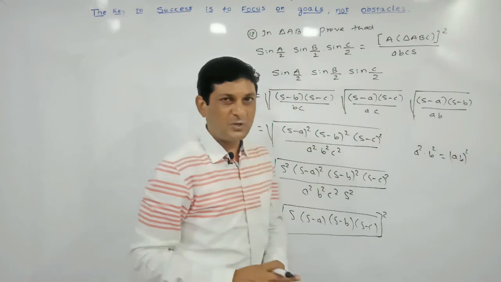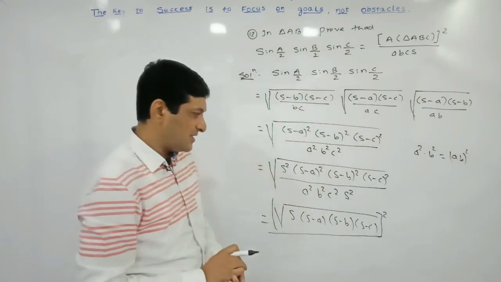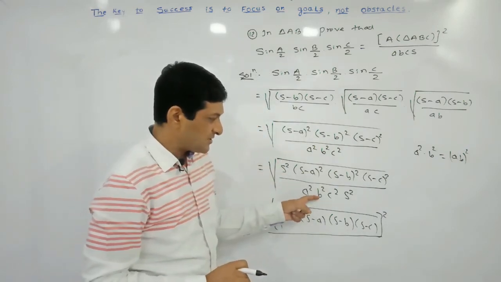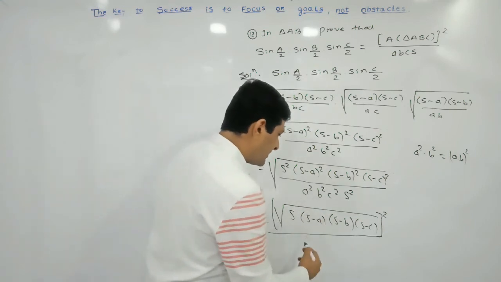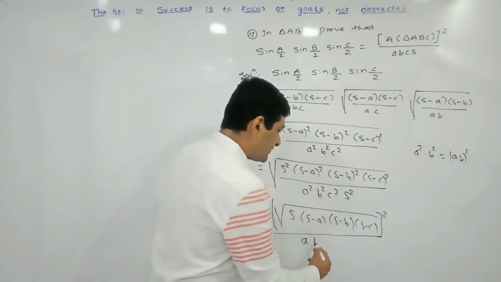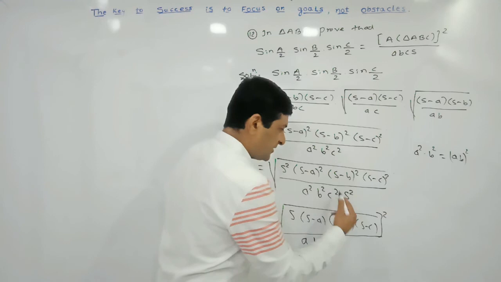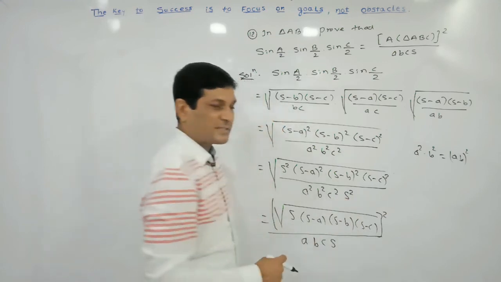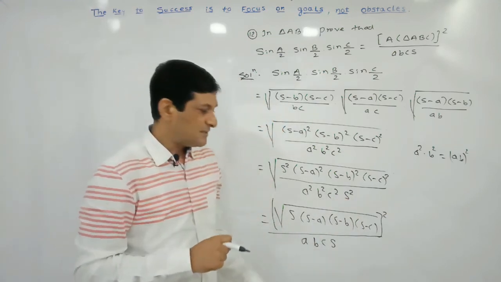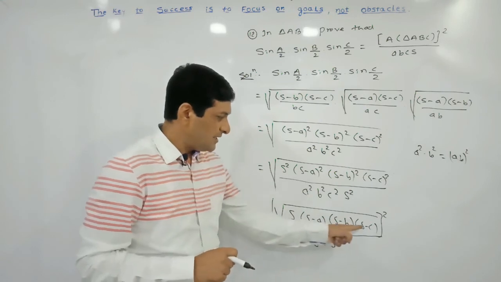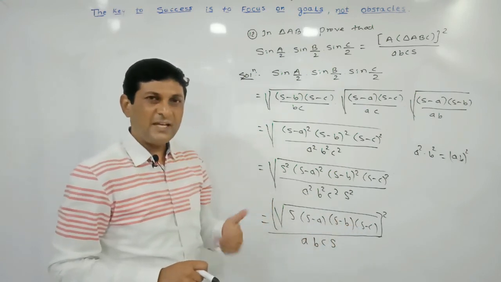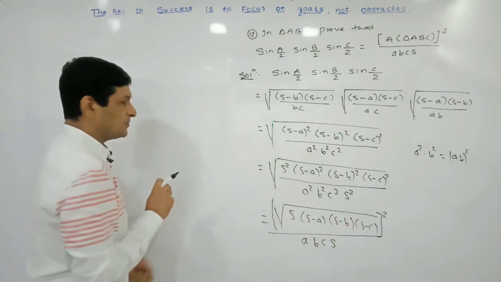So the same laws of exponent we are applying here, and in the denominator take these terms outside the root. a square outside the root will become a, b square will become b, c square will become c, and s square will become s. And we can observe that the value in the numerator is nothing but the formula of the area of triangle ABC according to Heron's formula.